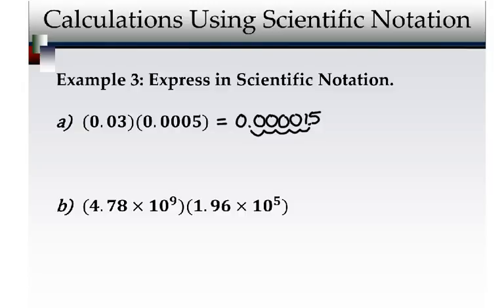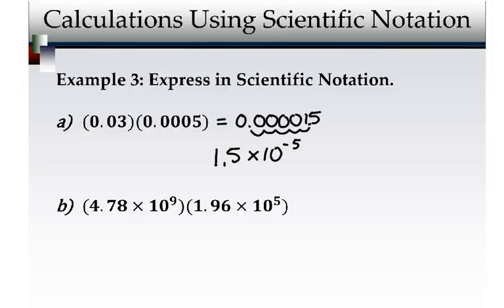And now change it to 1.5 times 10 to the negative 5. Because remember, small numbers get negative values, big numbers get positive values.